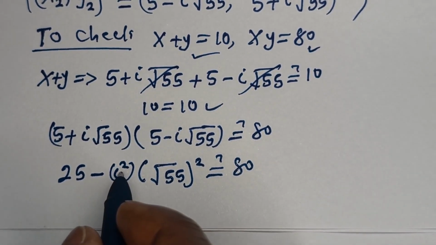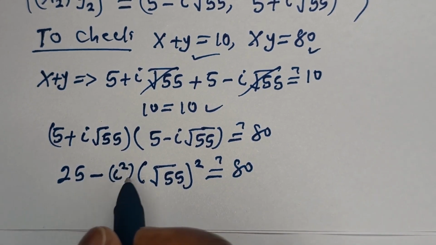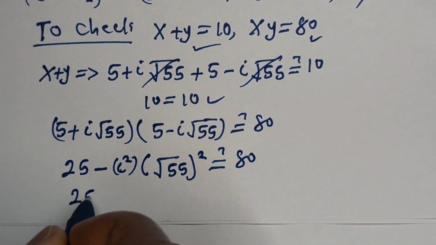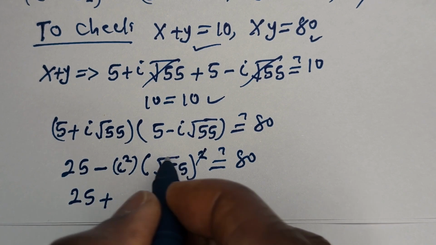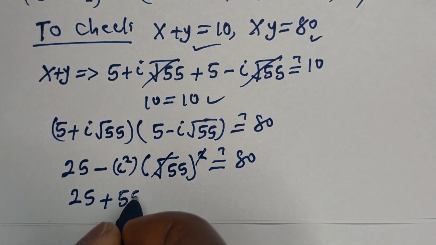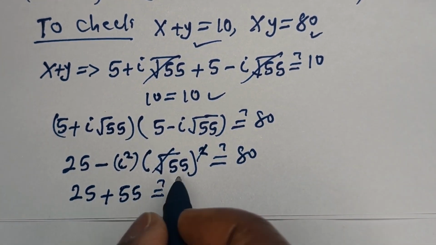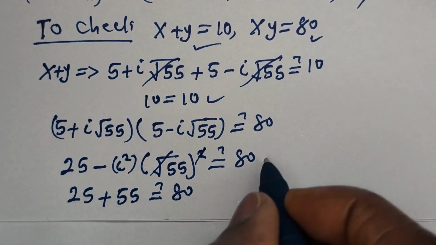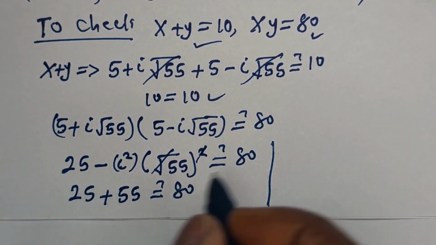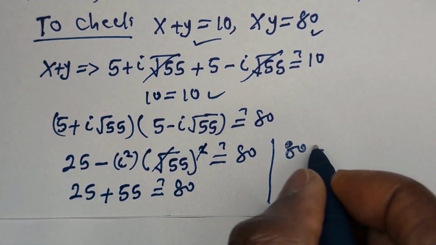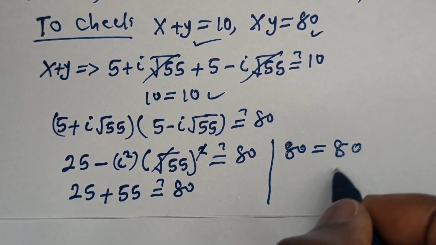Then i square is equal to minus 1. Then we have 25 plus this cancel this. We have 55 must be equal to 80. And of course, 25 plus 55, this is 80, is equal to 80, which is true.